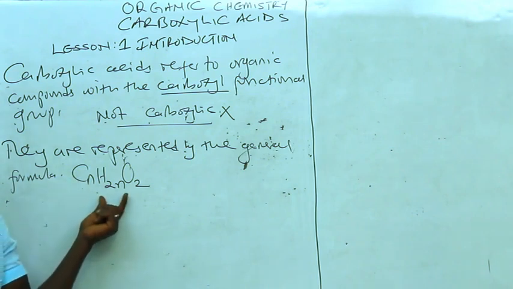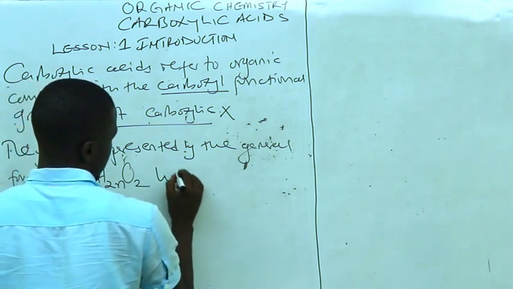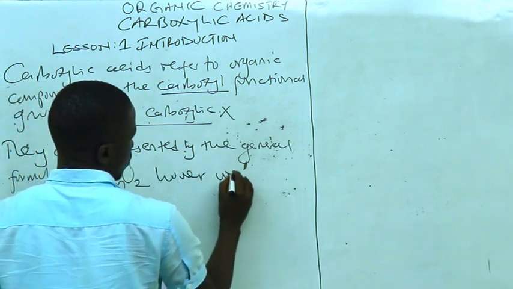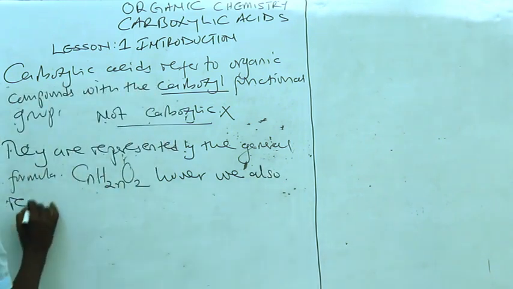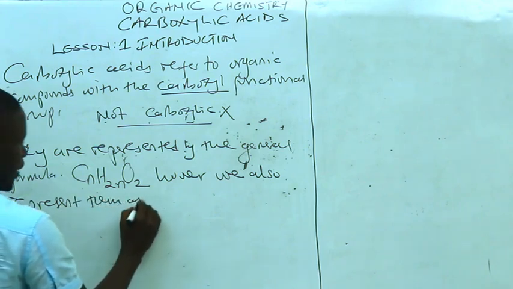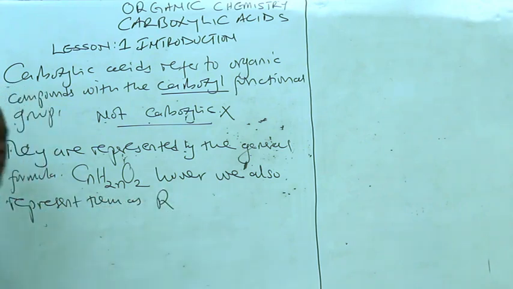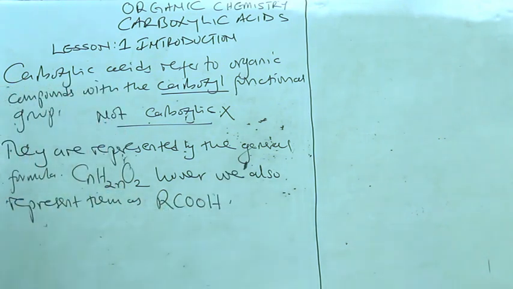However, we also represent them as just RCOOH. This is the simplest way of representing them. We can look at some examples.